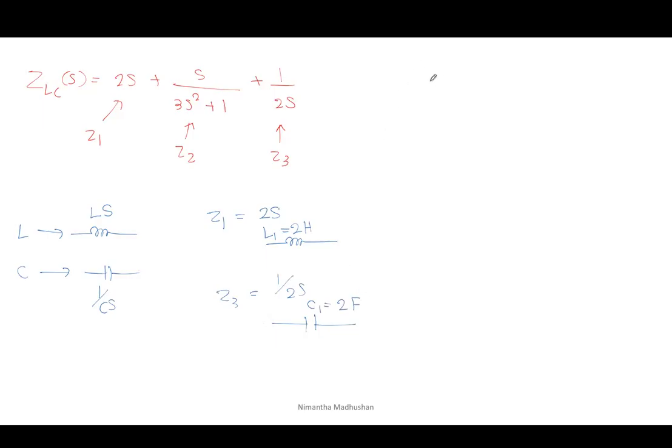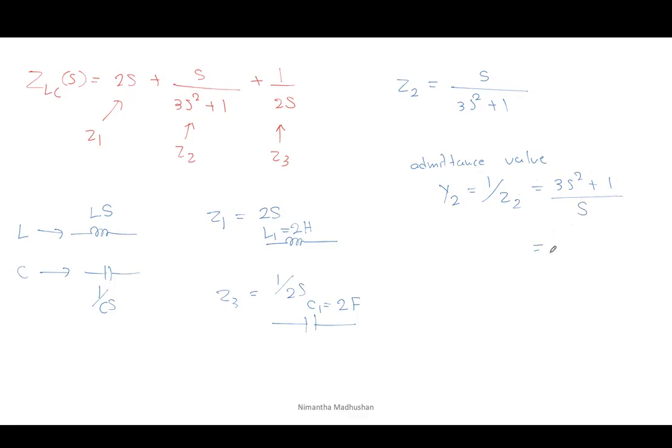Then we have to consider the Z2 component. It is equal to s over 3s squared plus 1. For that one, I consider the admittance value. Y2 is equal to 1 over Z2, which is 3s squared plus 1 over s.